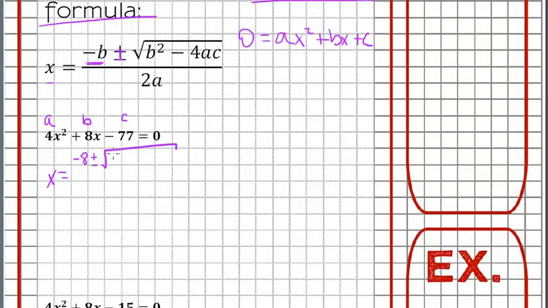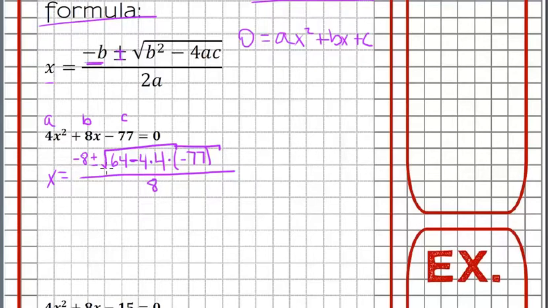B is 8, 8 squared is 64, minus, here it says minus 4, so I take a 4, times a, which is 4, times c, which is negative 77. All divided by 2 times a, or in this case 2 times 4, which is 8.